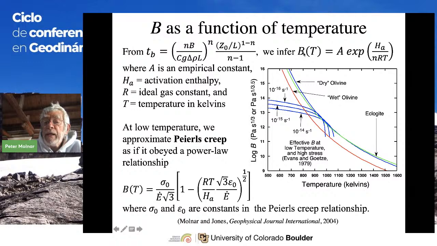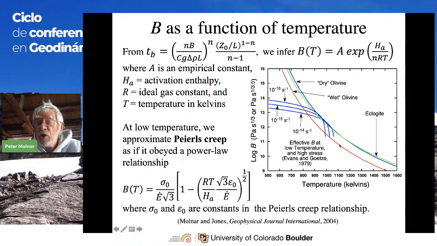And remember that B, from laboratory experiments, depends upon temperature by an Arrhenius law like this. So if we plot temperature in kelvins over here, and the log of B, for dry olivine, B is larger than it is for wet olivine over here, and eclogite, there have been measurements that they follow this form.